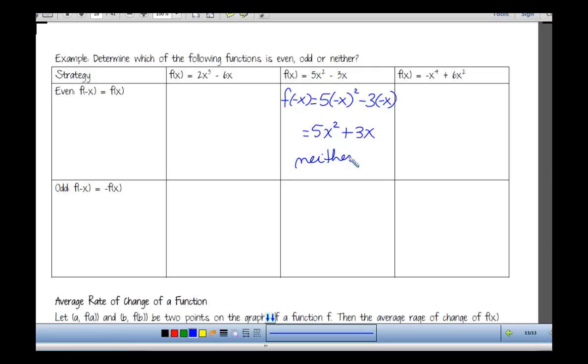Questions about that? How did it become? Well, because in order for it to be even, it had to be exactly the same. So it's not that. And in order for it to be odd, we would basically have to have minus 5x squared plus 3x.